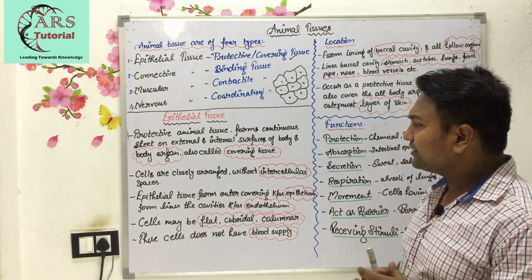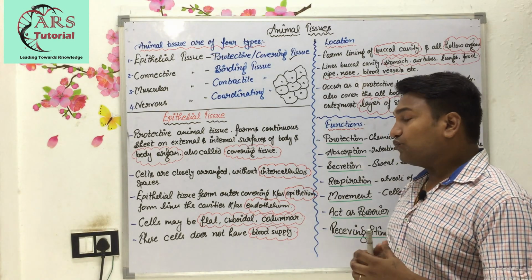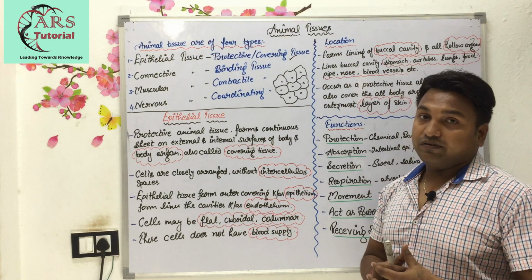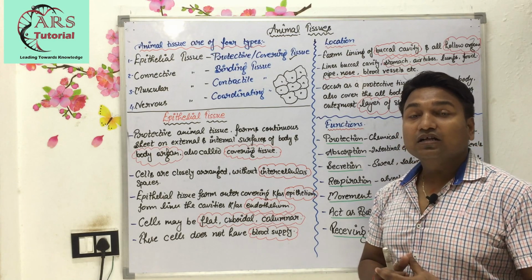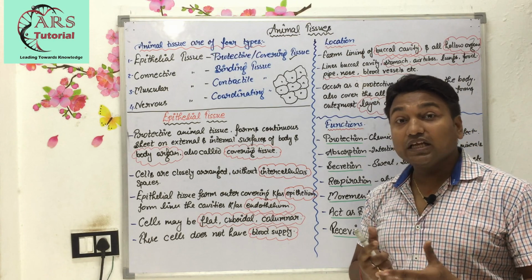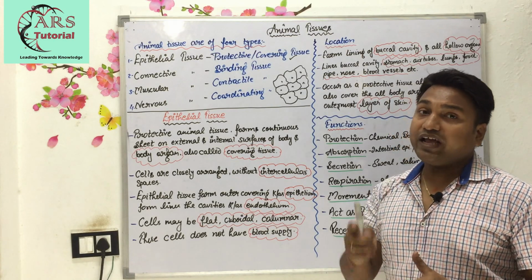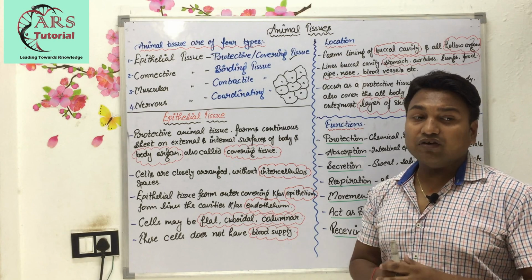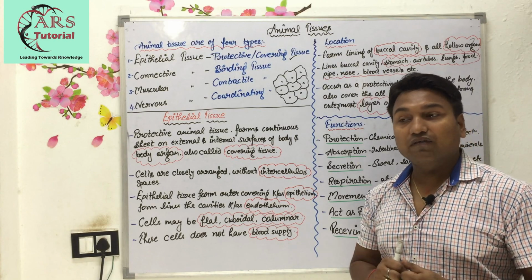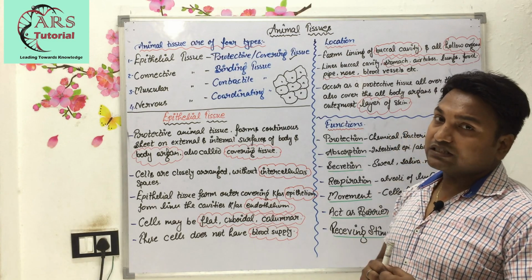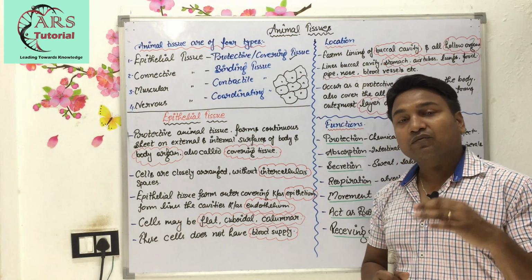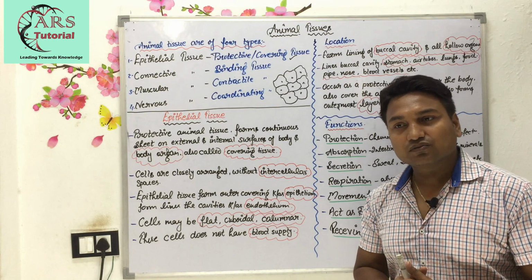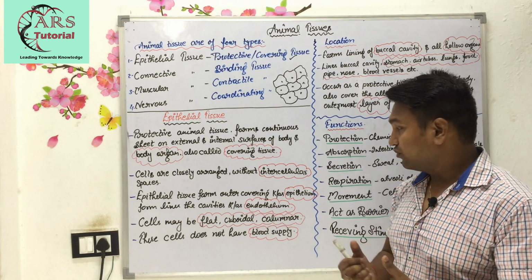Now the next point is that epithelial tissue forms the outer covering. When epithelial tissue forms the outer covering, it is known as epithelium. When it forms the inner covering or inner lining of cavities, it is known as endothelium, which I have highlighted, so you should know what epithelium is as well as what endothelium is.